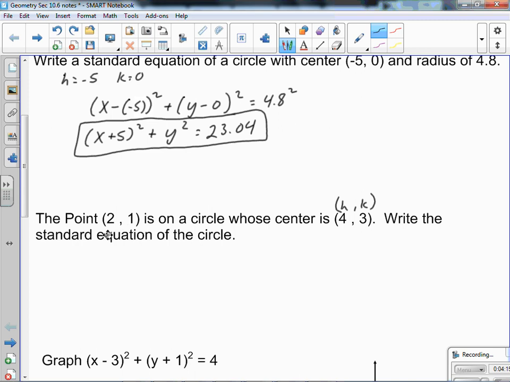So to do that, we're going to use the distance formula.